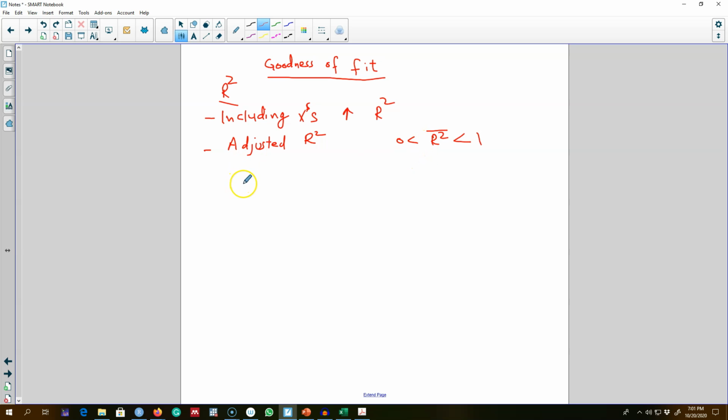What adjusted R squared does is it imposes a penalty if we add more variables on the right hand side. Adjusted R squared will go up only if the variable that we included in the model has a t-value greater than 1. Right? So sometimes it is advantageous to use adjusted R squared, as I will show you in the next couple of examples.